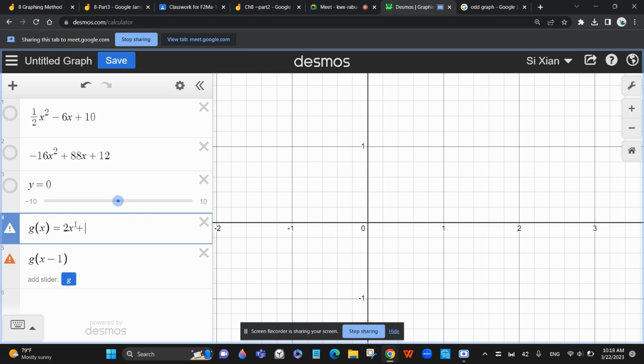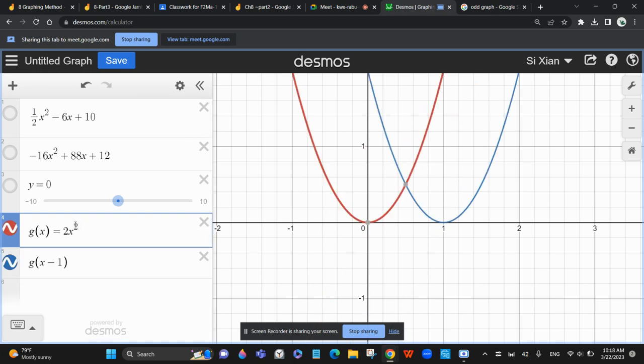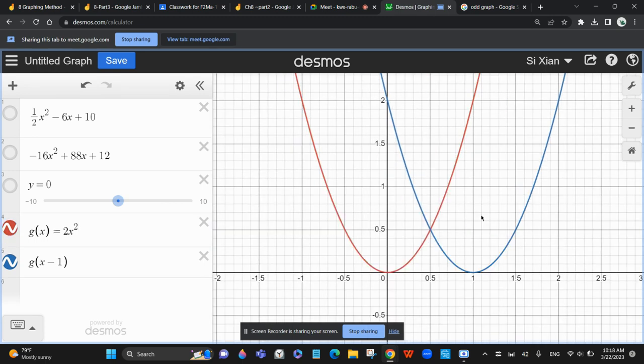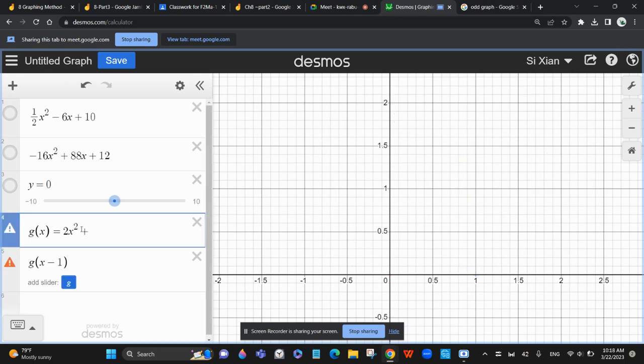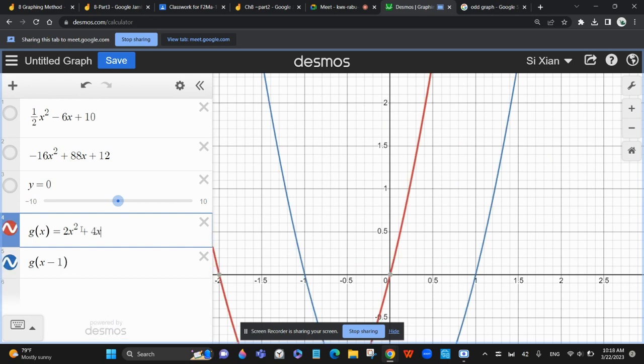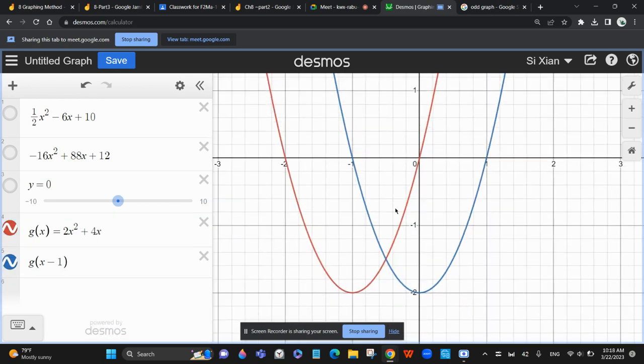So if I change the g function to 2 times x squared, you see that it's also moving the red one to the right. If I make it more complicated, whatever g of x is, g of x minus 1 is a translation of the function to the right.